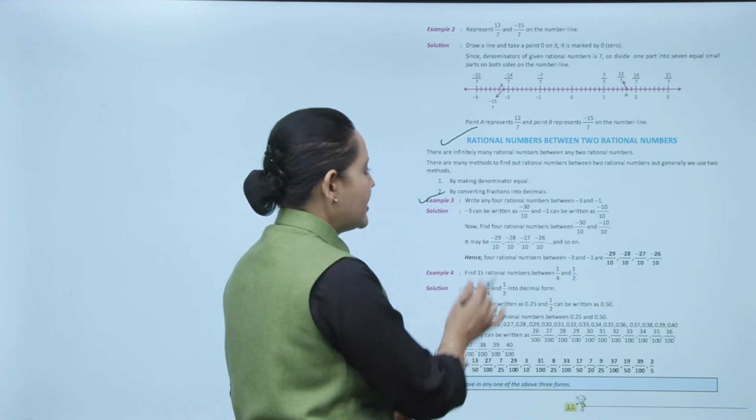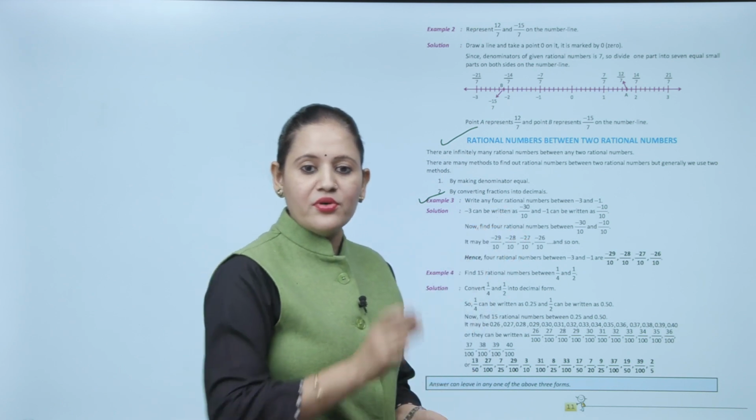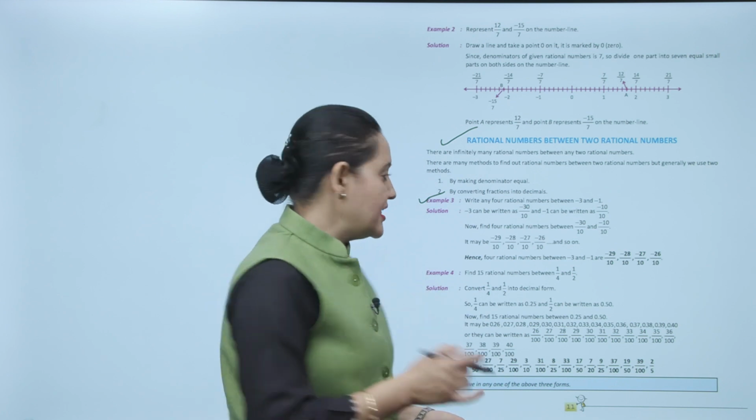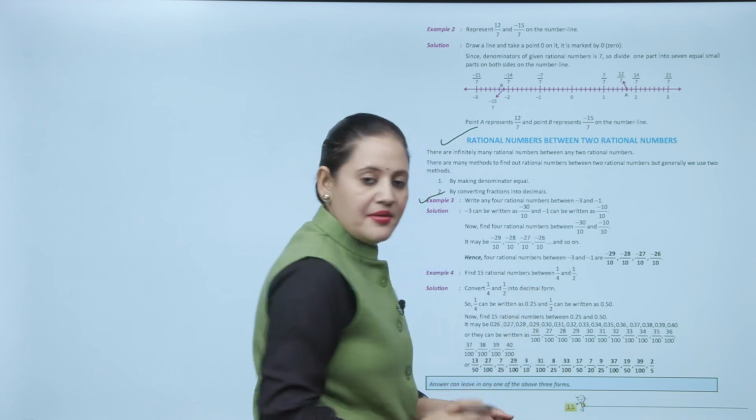Minus 3 can be written as minus 30 upon 10. Here we have multiplied both numerator and denominator by 10. And minus 1 can be written as minus 10 upon 10.